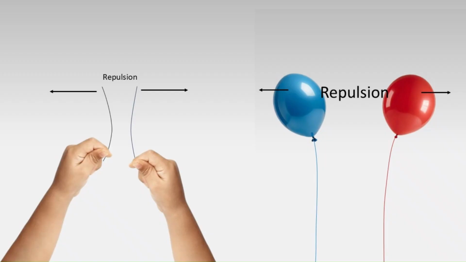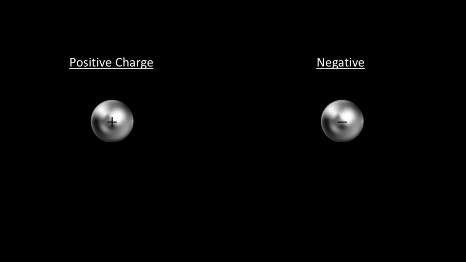Previously, we saw attraction and now we see repulsion. If charge was of only one kind, how can it cause attraction in one case and repulsion in another? Not possible. Therefore, charges must be of two kinds. Let us call them positive and negative.